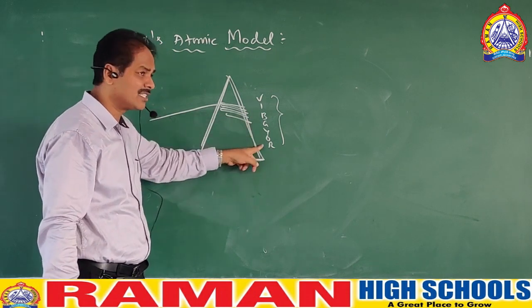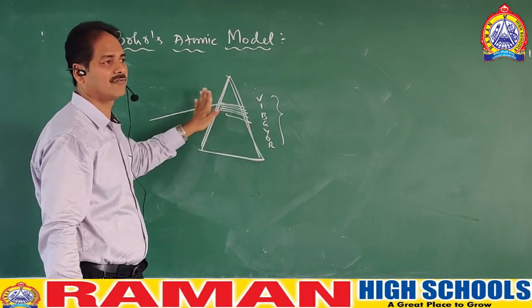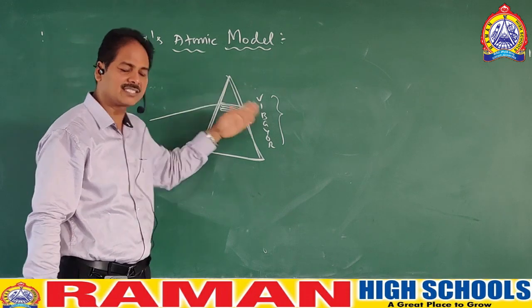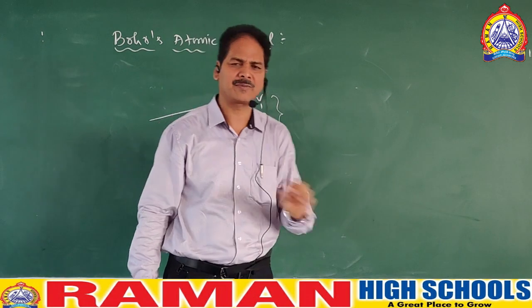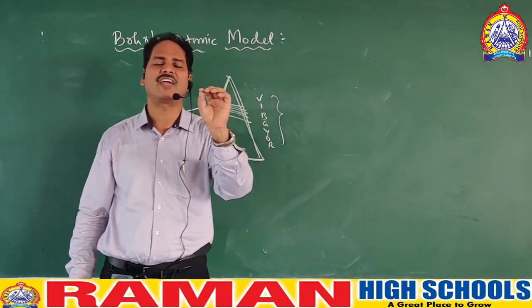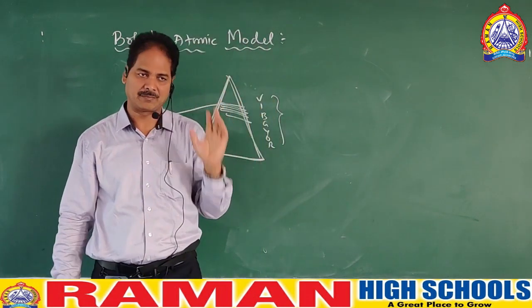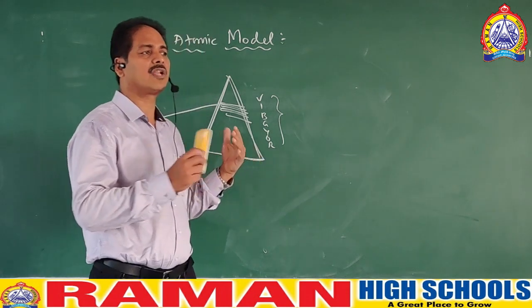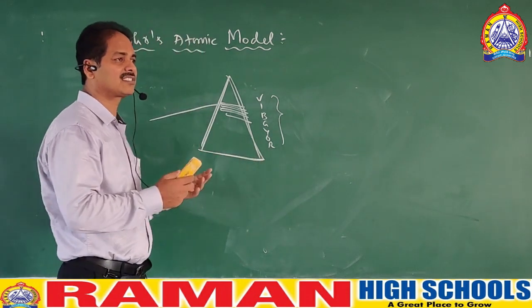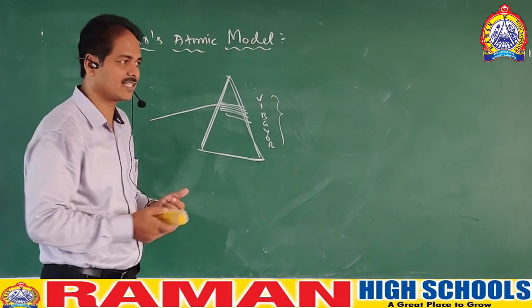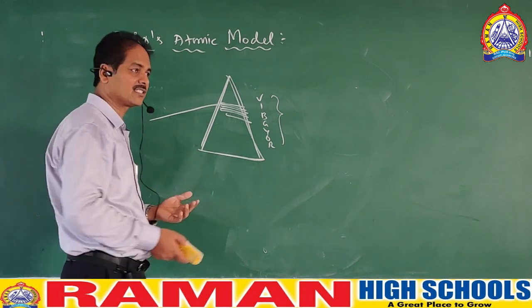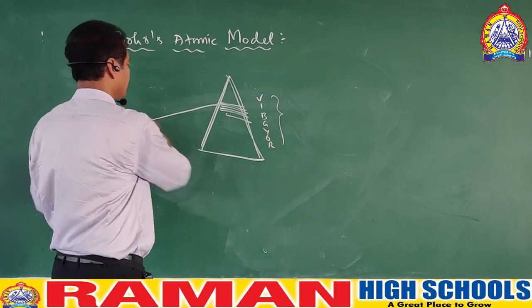You can see this only when you divide that white light into various components. So this is a spectrum. Spectrum is nothing but division of energy. Spectrum has a lot of uses. The scientists' discovery of the spectrum has given a lot of advantages for us, which we will learn in higher classes and in further lessons also.